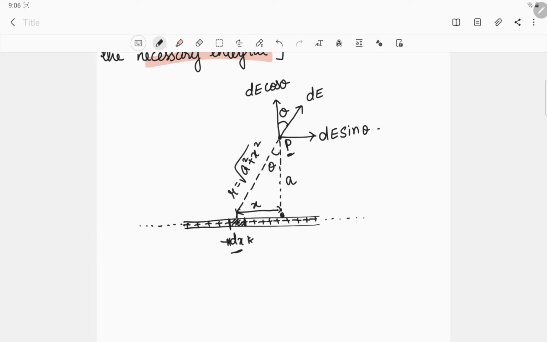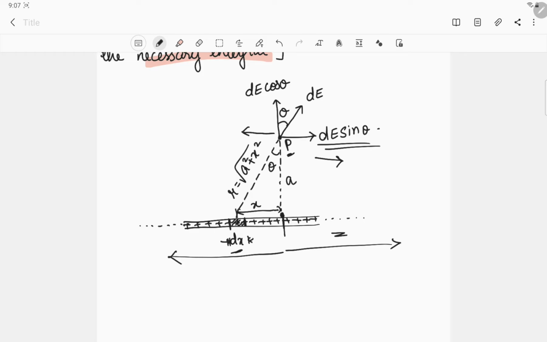Now if you observe this carefully, this is an infinite wire, so to find the total electric field I have to integrate over the full length of the wire. Since it is infinite, from this point there is equal length on the left side and equal length on the right side. The dE sin theta for all the left portions will be along the right direction, and the dE sin theta for the right portions will be along the left direction.